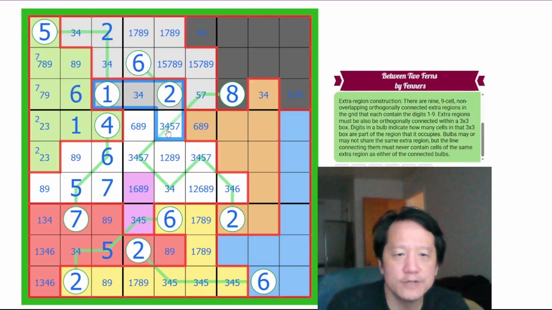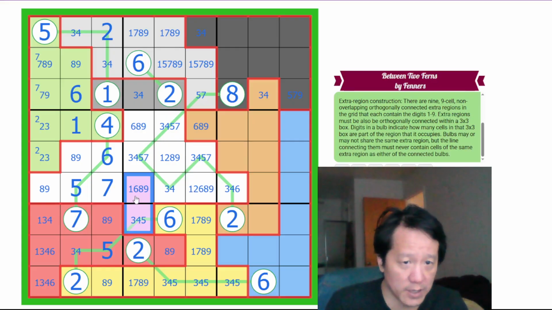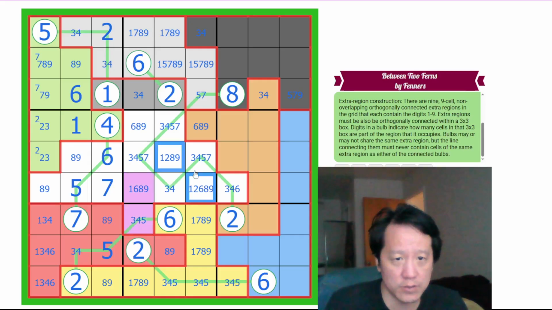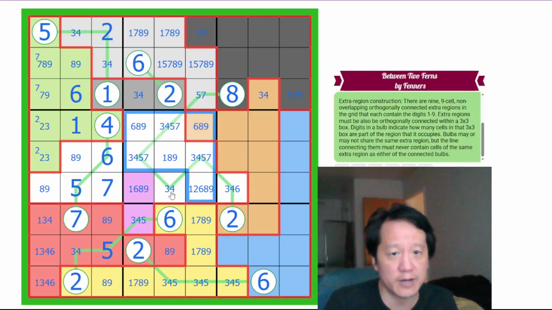1, 2, 3, 4, 5, 6, 7, 8, 9. That's possible. Or it could be part of this. So pink needs access to a 2. So pink necessarily must go either here or... Okay, this can't be 2. Where is the 2 in box 5?